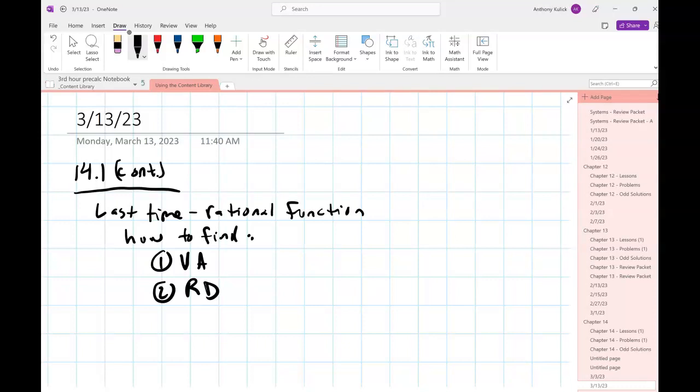So far in this chapter, we've talked about what a rational function is. We've talked about how to find a vertical asymptote and how to find a removable discontinuity. How do we find these things?